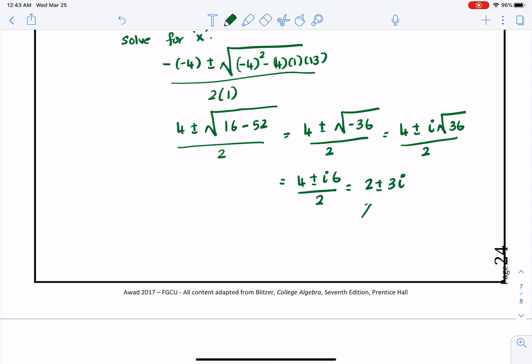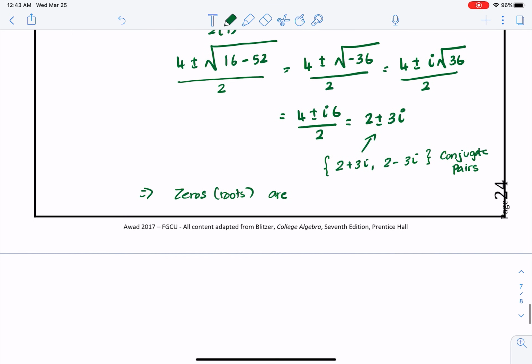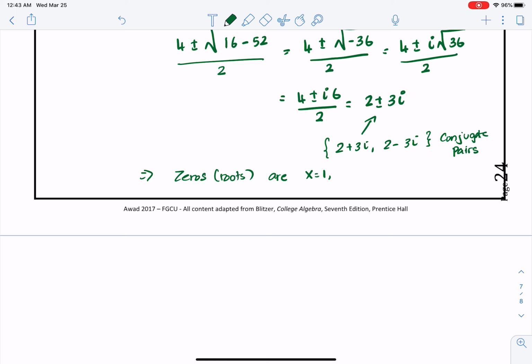Again, if you notice, the roots are complex and they occur in conjugate pairs. So the zeros or the roots are 1, 2 plus 3i, and 2 minus 3i.